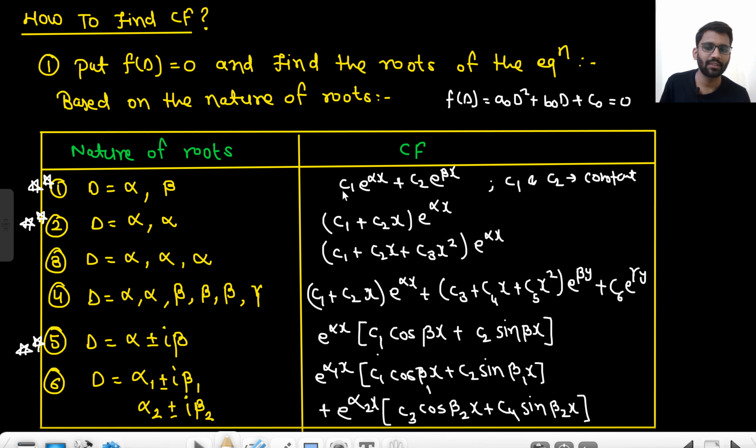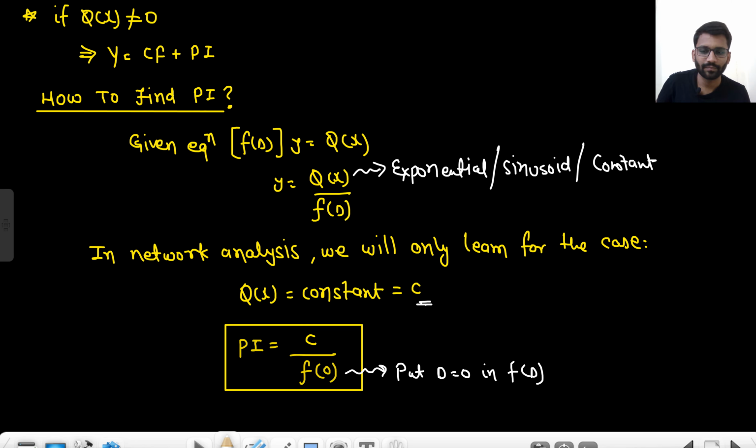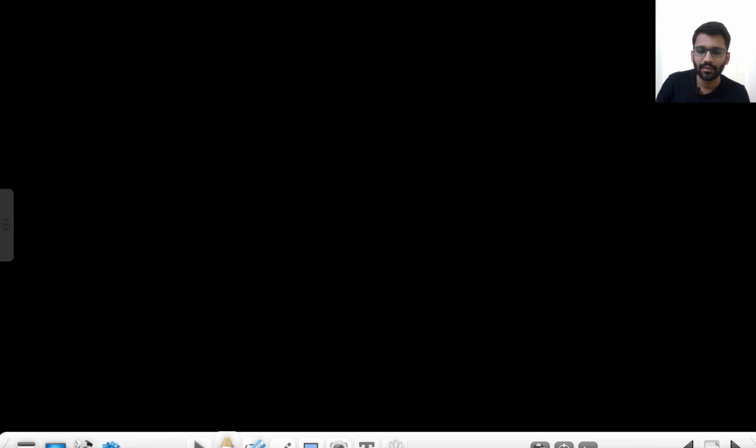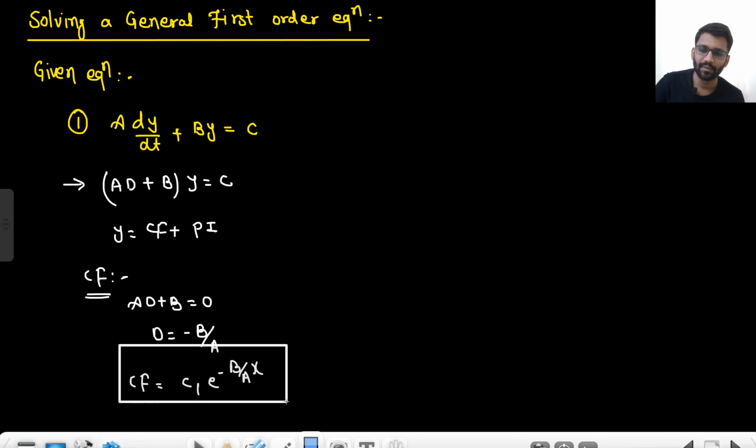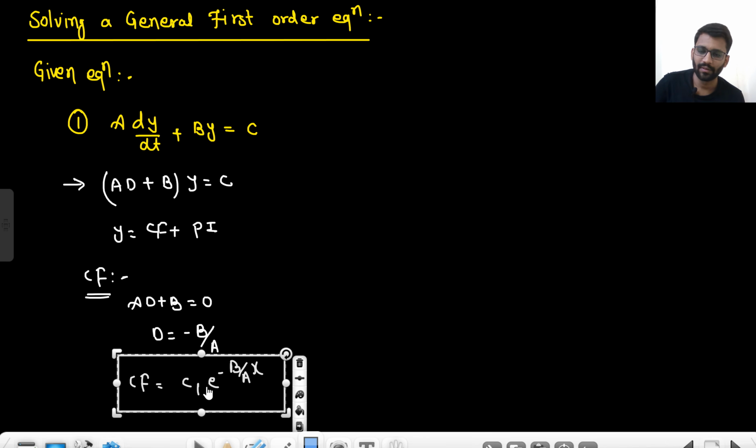Only alpha will be there, so C1 e to the power alpha x. That's it. So only one root is there, that is minus b by a. So I will put C1 e to the power minus b by a into x. So this is my CF, right?